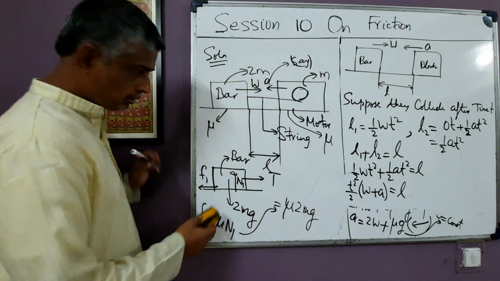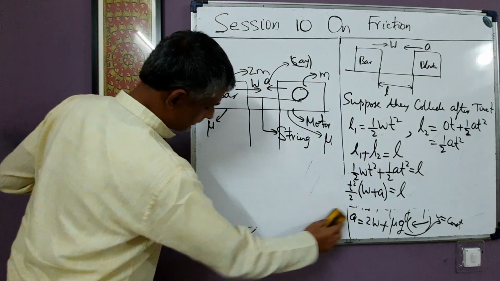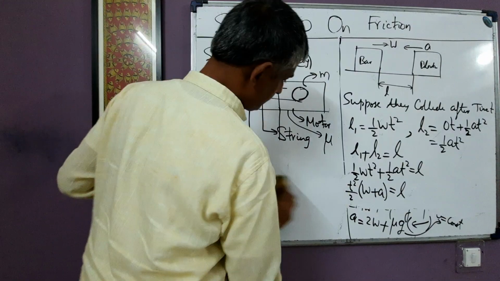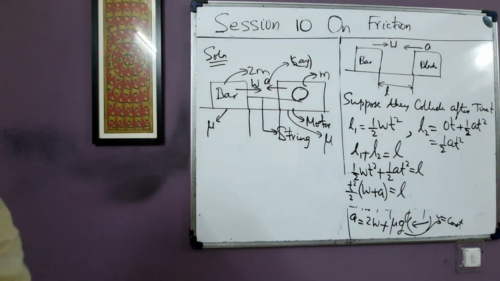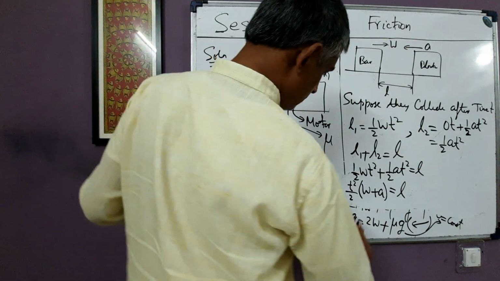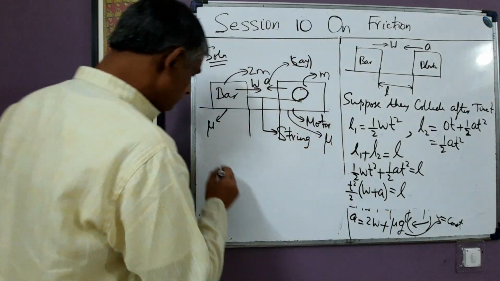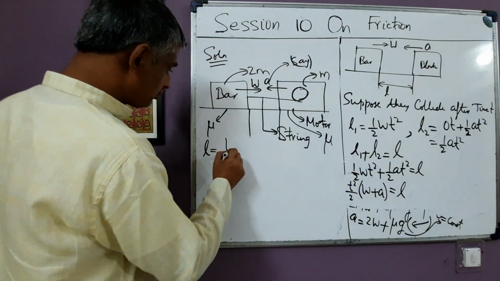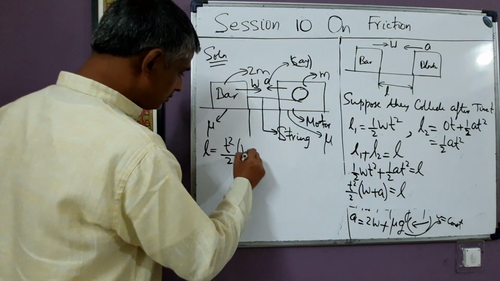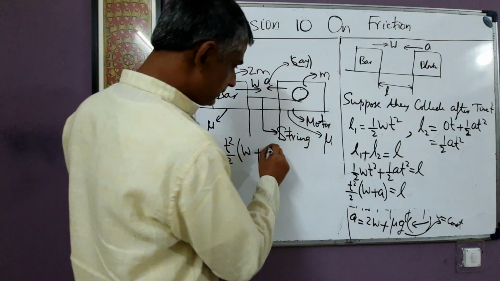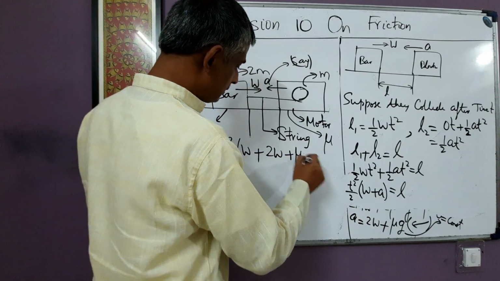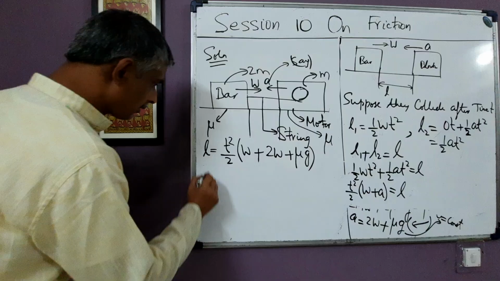Now I rub this one. So now this a I substitute in this equation, L equals t square by 2 times w plus a, where a is equal to 2w plus mu g.